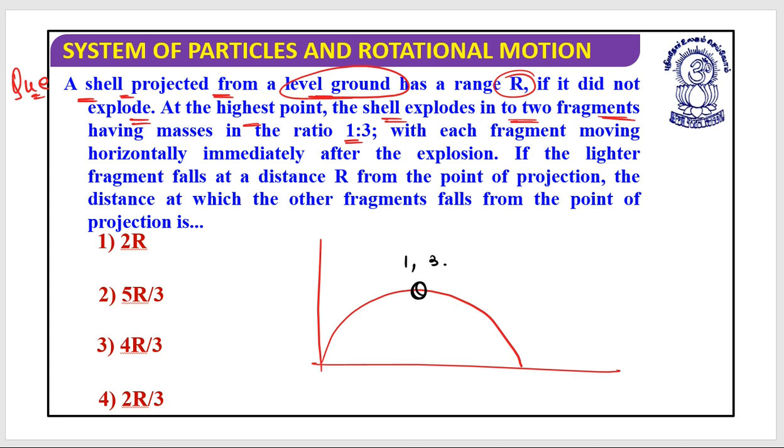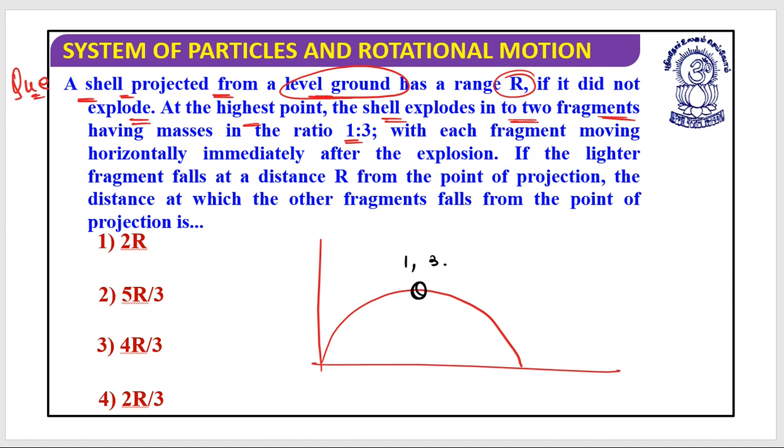One could be of x kg mass, another would be of 3x kg of mass. Now it says that if the lighter fragment falls at a distance r from the point of projection, what is the distance at which the other fragment falls from the point of projection?